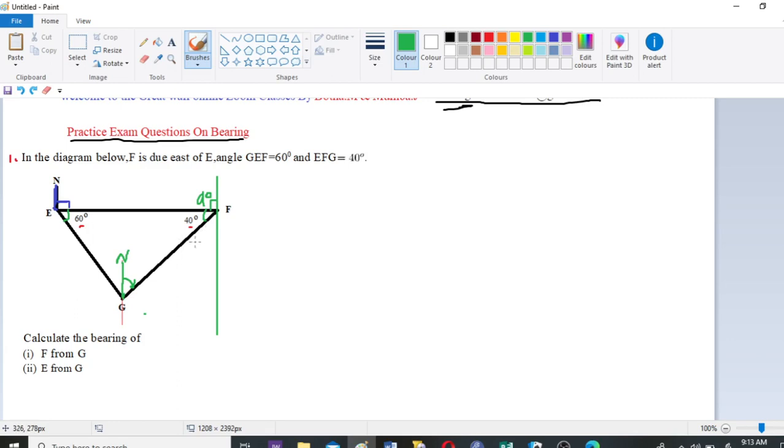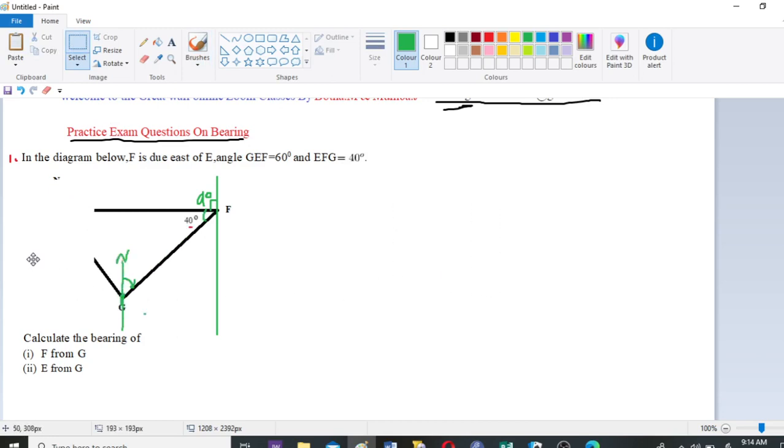So the bearing we want here is this one. What is the strategy you need to use here? You extend also here. These are parallel lines, and you ignore the other parallel lines, as if you don't have them.